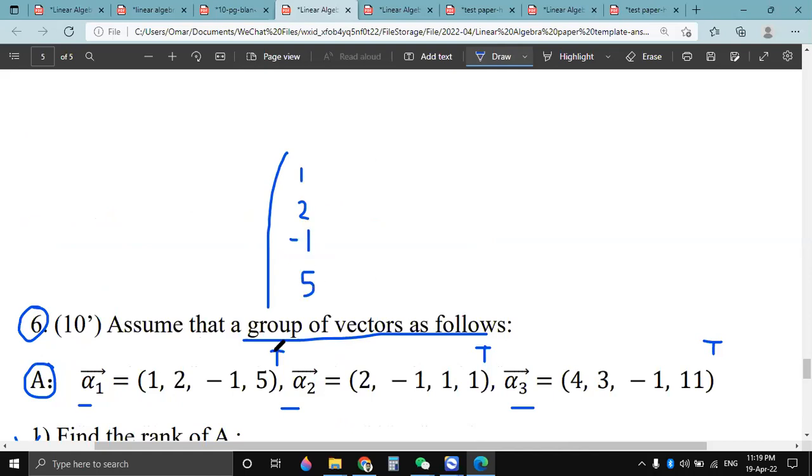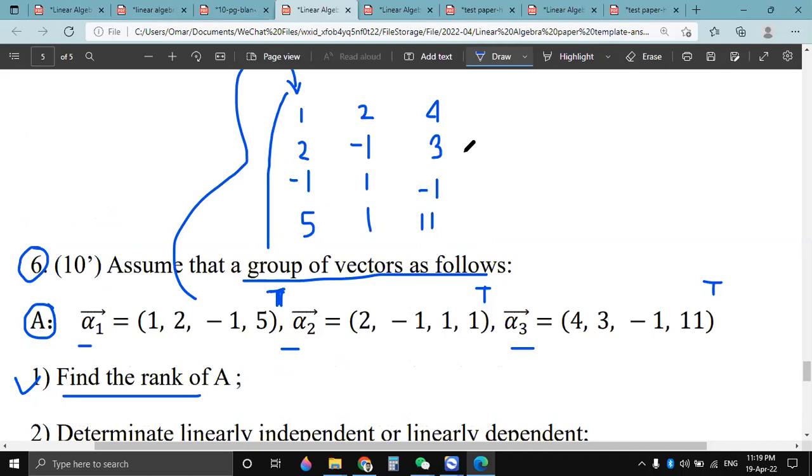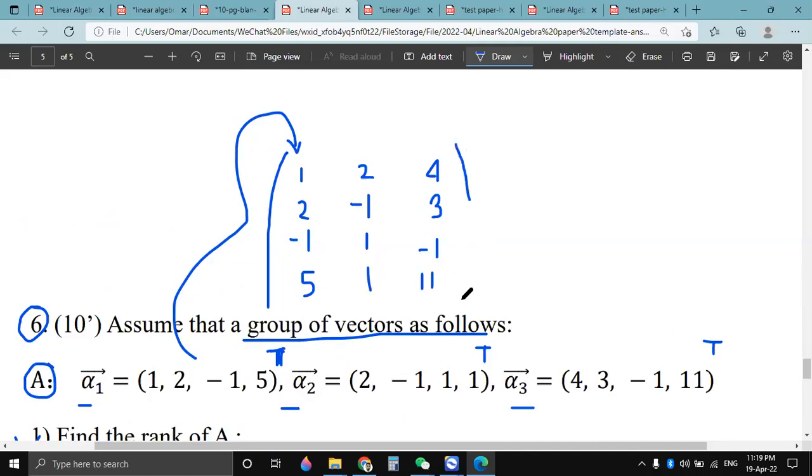I am just taking the transpose, okay? So alpha 1 is here, 1, 2, minus 1, 5, and then alpha 2 is 2, minus 1, 1, and 1. Alpha 3 is 4, 3, minus 1, and 11. So it is a 4 by 3 matrix, right?